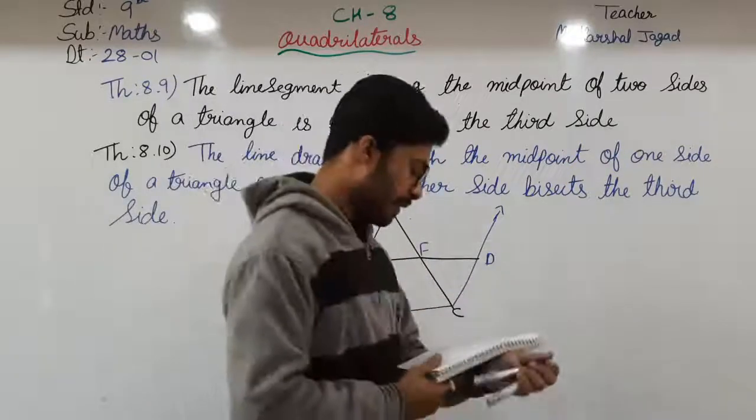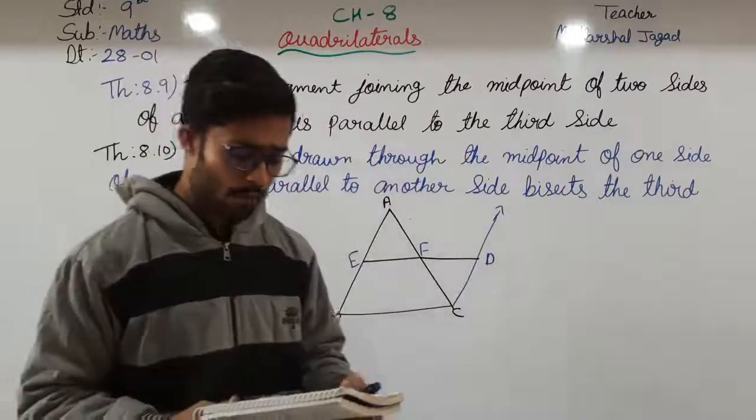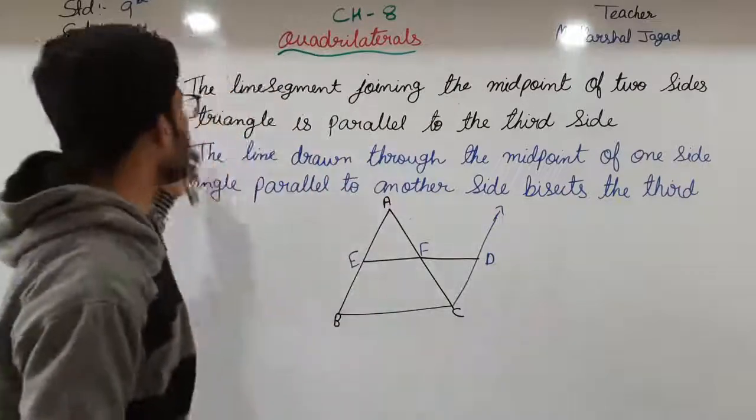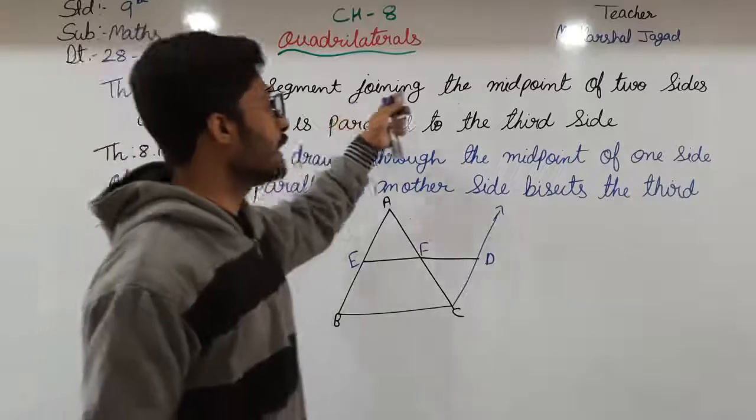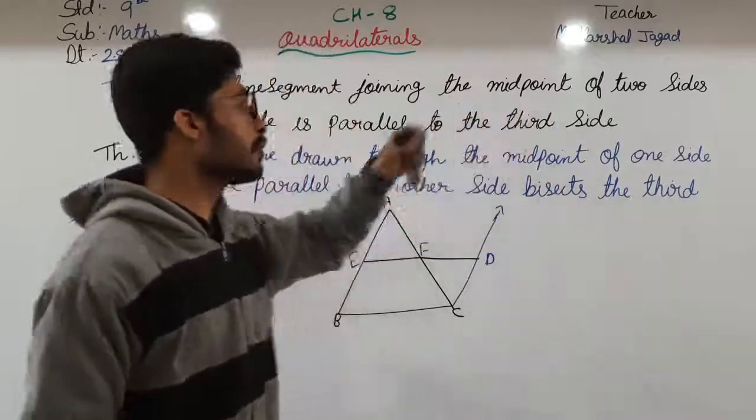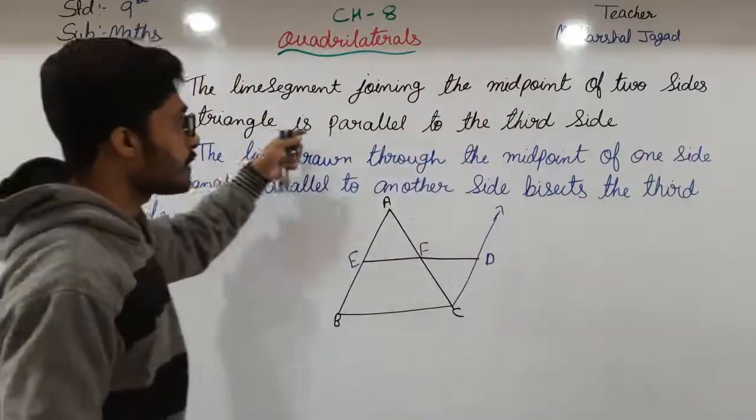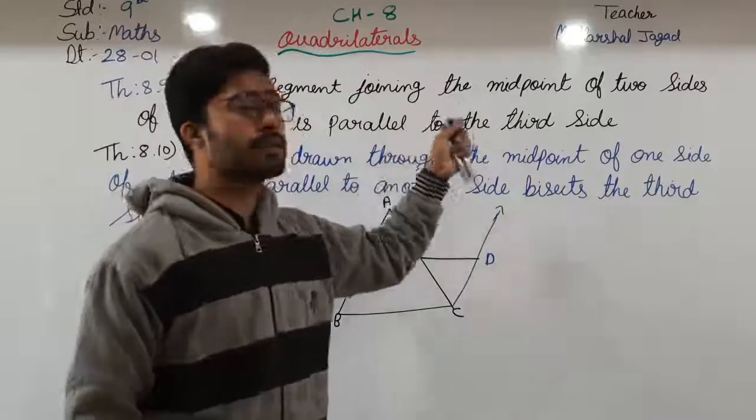So from here we have to prove that the line segment joining the midpoints of two sides of a triangle is parallel to the third side.